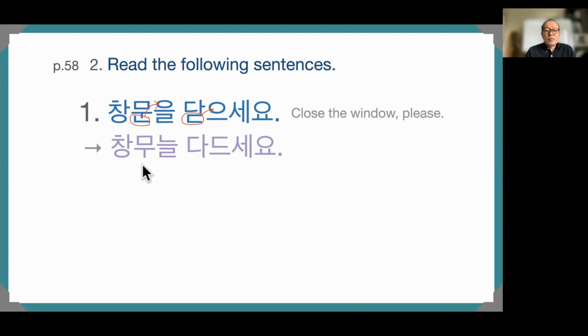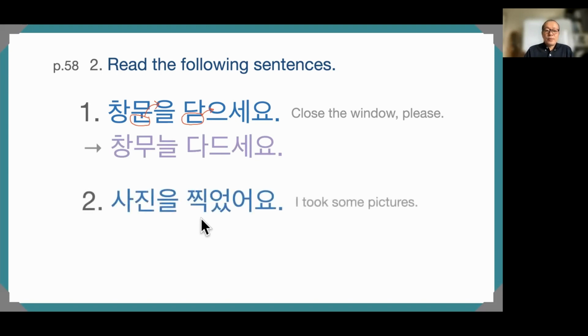So 창문을 닫으세요. You should speak like this. No, 창문을 닫으세요, we don't say that. Okay, you should say like this.